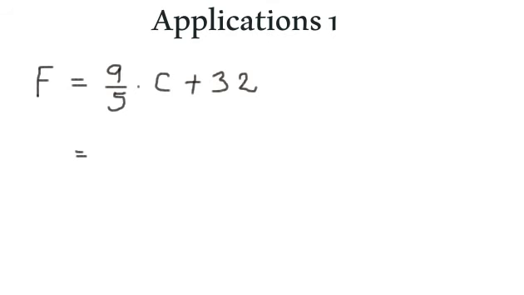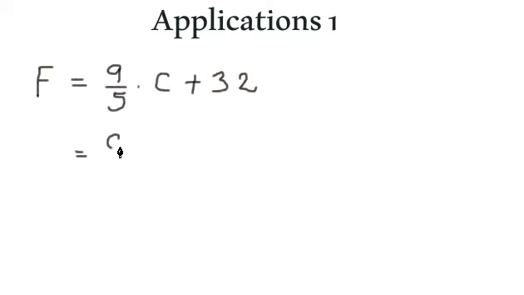So we have Fahrenheit is equal to 9/5 times C plus 32. And we were given a Celsius and we wanted to convert it to Fahrenheit.